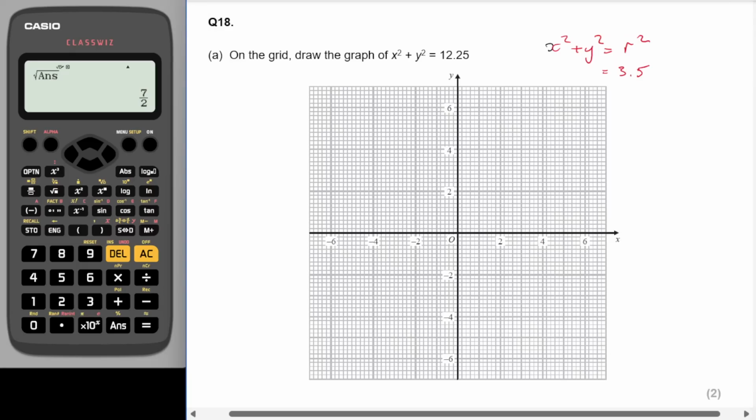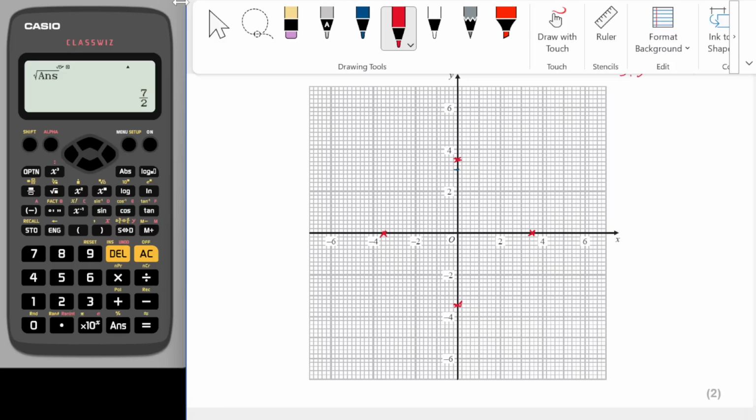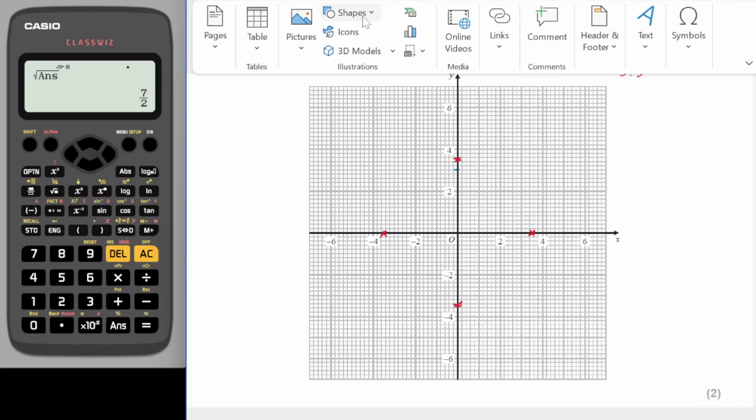So that looks quite small though, to be fair. And not very nice, because the graph is not the greatest of axes for this. So in effect, I'm plotting 3.5 on all quadrants. And then I just need to join them up with a circle. You could obviously use your protractor for this. I'm going to try and insert a circle though.